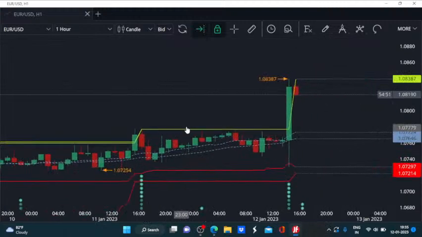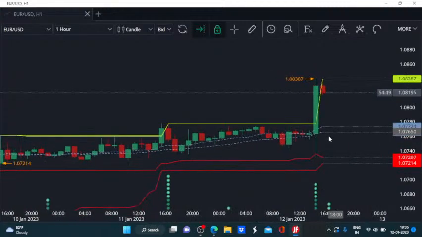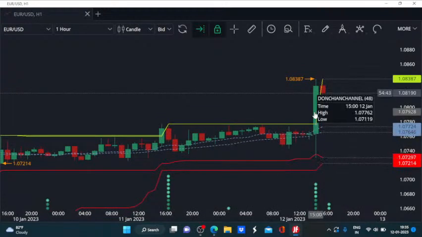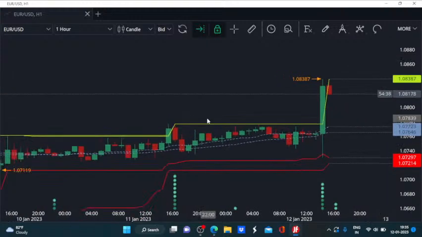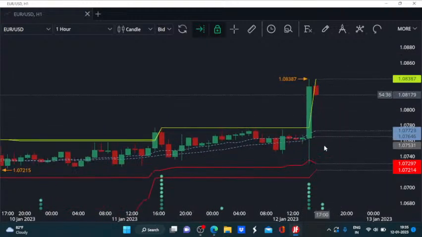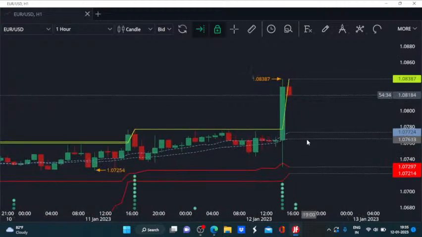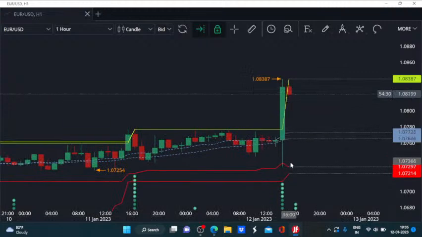We have again a new spike caused by the US CPI, and if we don't see these gains evaporating in the next couple of hours, then I think we are again in line to expect the EURUSD to continue to rise, and with this move we can count 1.073 as the immediate swing low.